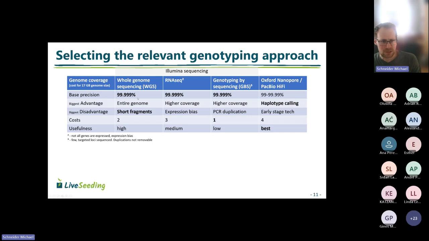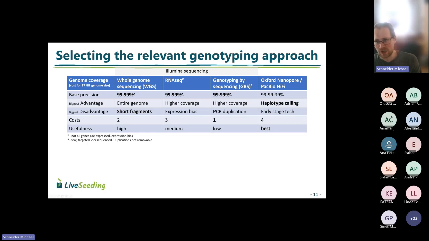For example, the accuracy of our data is really high with these Illumina sequencing-based approaches, but the disadvantage is that we have rather short fragments. For all of these three approaches, the fragments usually range from 100 to 500 base pairs.